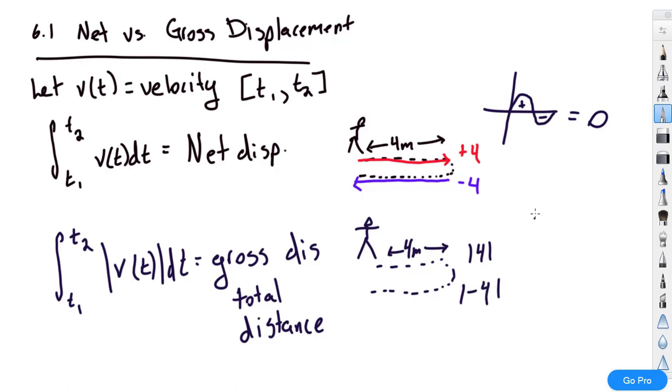What that looks like graphically is that we're going to take the negative distance and make it positive, which means that their distance would then equal positive 8. So it's their total distance. Alright, cool. So let's look at an example of this.